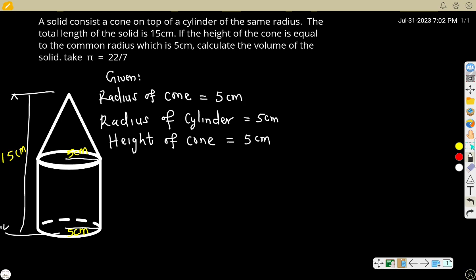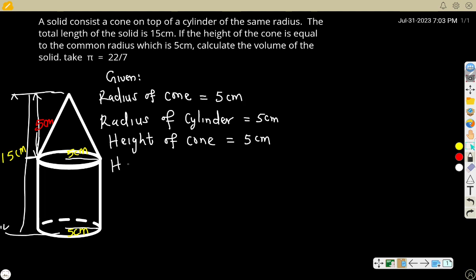So from here to here, for the cone, that is 5. This place is 5 centimeter, not the slant height. So the total height of the cone is 5 centimeter. That's what I wrote here, height of cone.